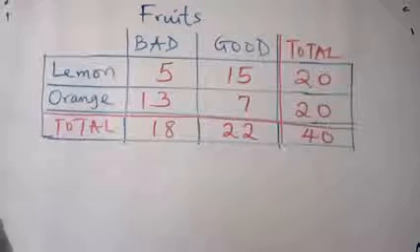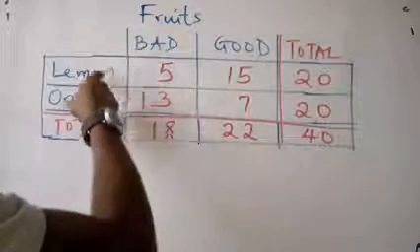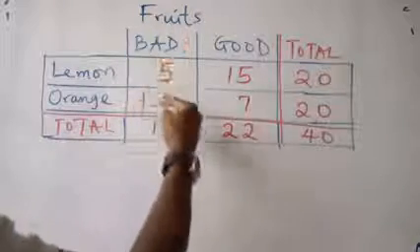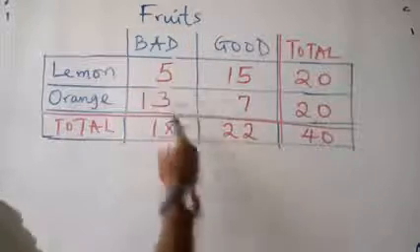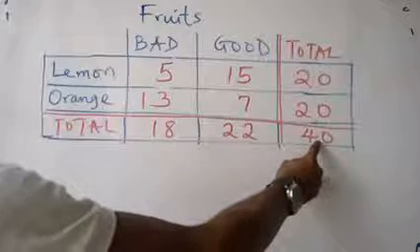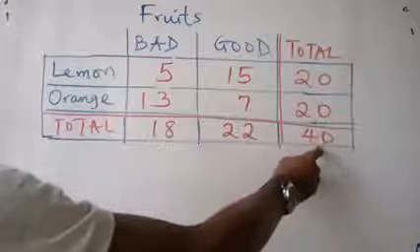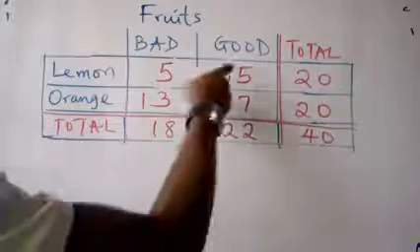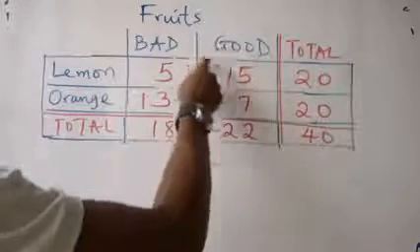Then if the question asks you, what's the probability of picking a bad lemon? A bad lemon, this is it, bad lemon, that would be 5, not over 18, but 5 over 40. Any segment you pick must be written over 40. Probability that a fruit picked at random is a good lemon. This is the good lemon.